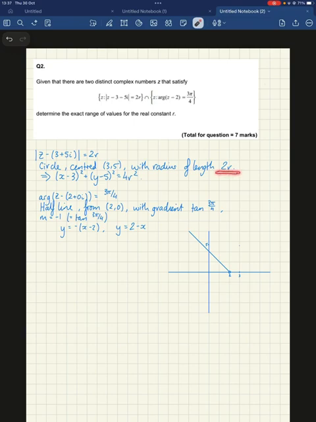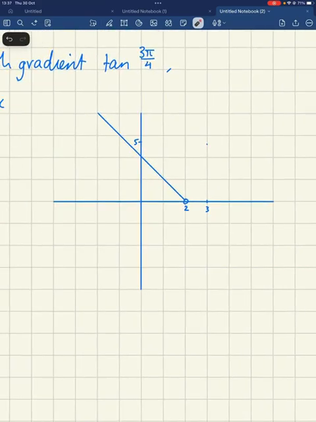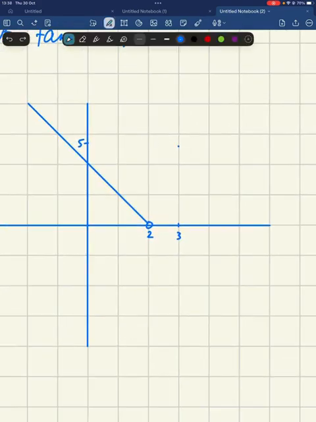All we know is that the radius has length 2r. But we are told that there are two distinct complex numbers z which satisfy this, and this is the intersection. So the circle is going to intersect the line at two points of intersection, so it's not going to be that small.